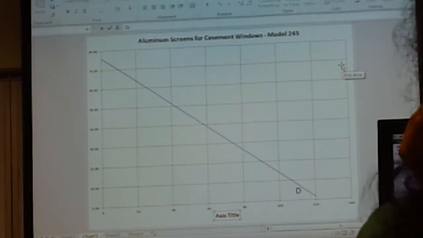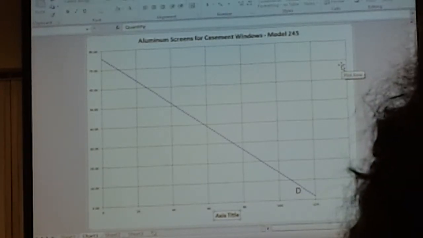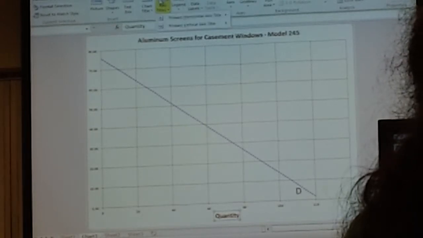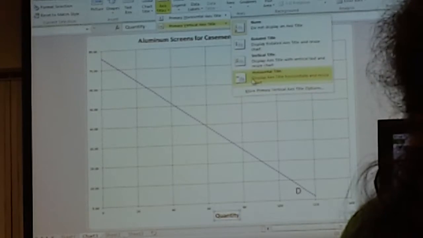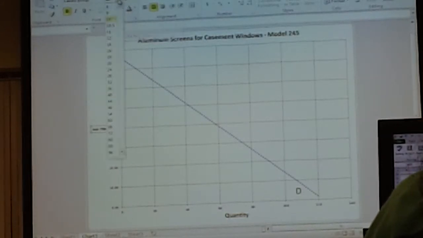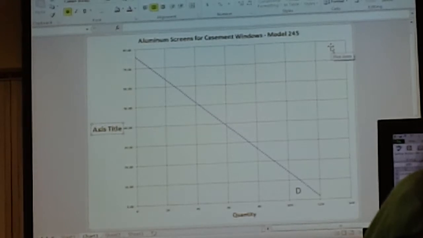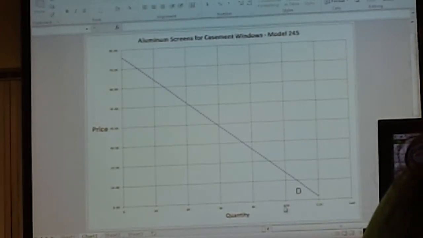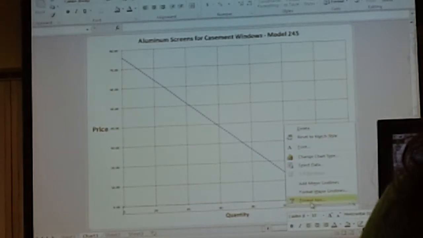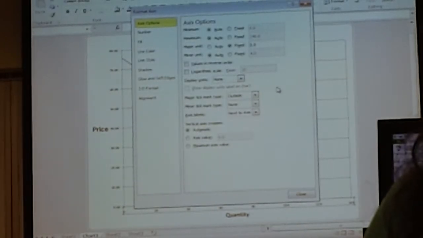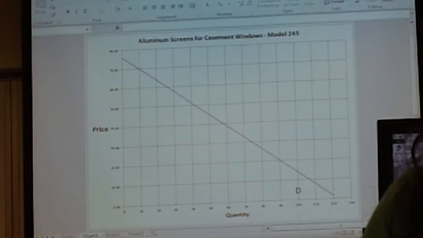Quantity. Now let's give it a few more points. And now we have a very nice picture.